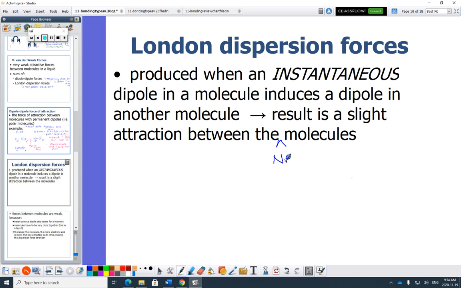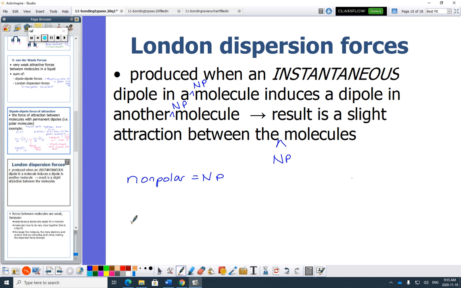So if you want to use a short form, when you get to nonpolar, London dispersion, done.